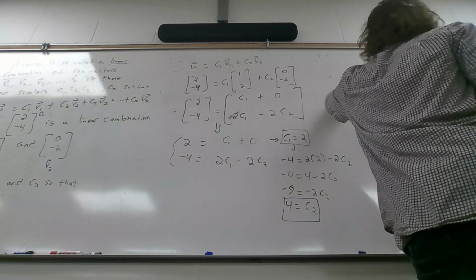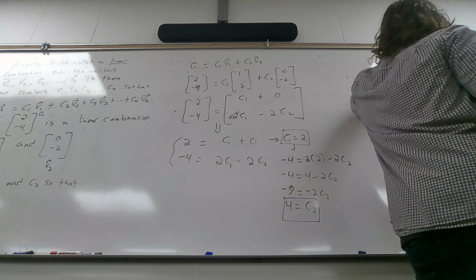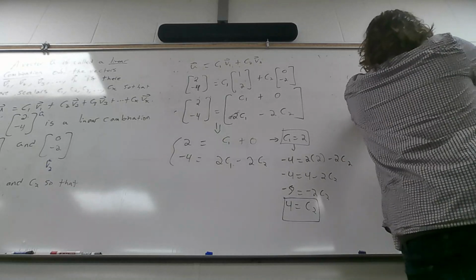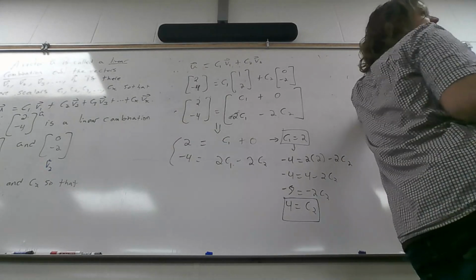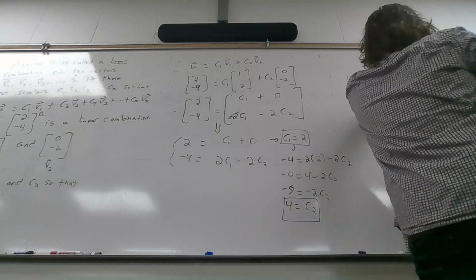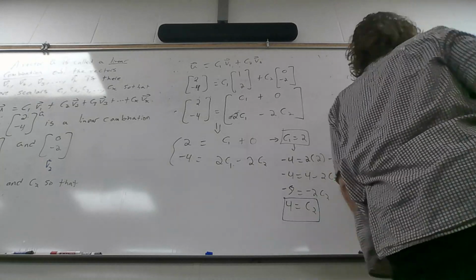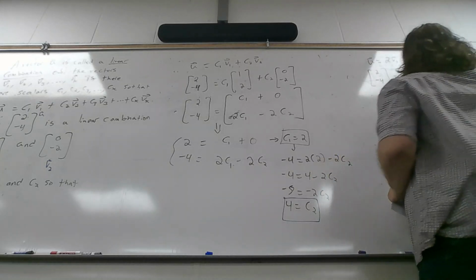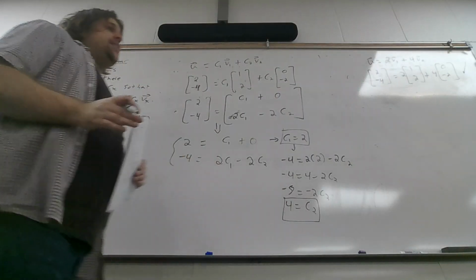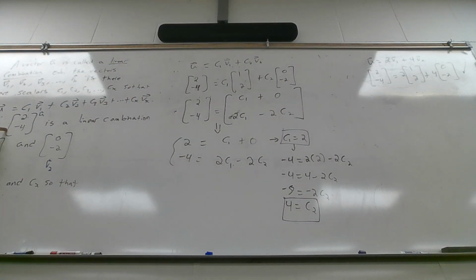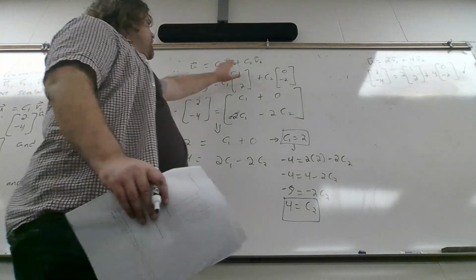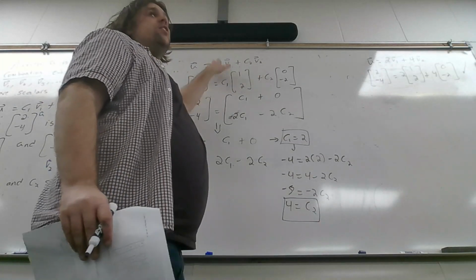Second numbers, minus 4 on the left. So 2 times 2 is 4. 4 times minus 2 is minus 8. 4 minus 8 is minus 4. They agree. So yes, ultimately that means this is a linear combination of these two things. Why? Because we can find the numbers that go in here. That's all linear combination means.